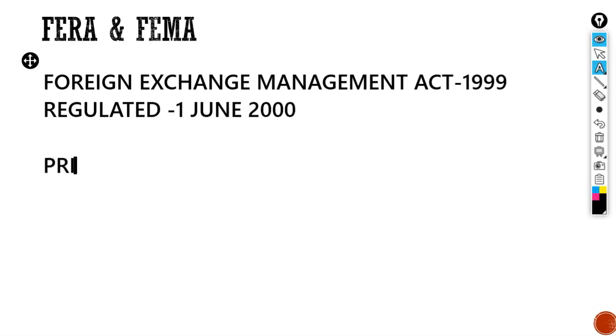Now, the prime objectives were completely different from that of FERA. FERA was much more controlled and much more severe. However, in order to make a liberal law, the objectives of FEMA were quite different.